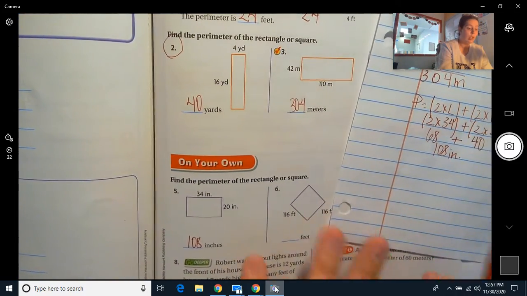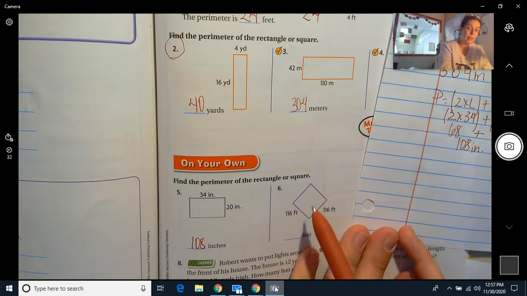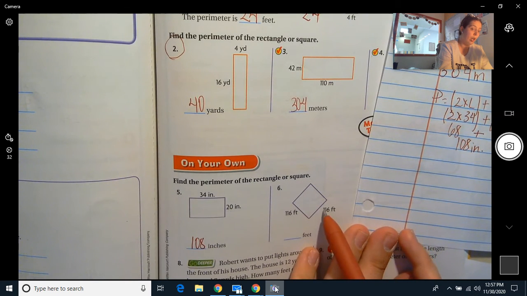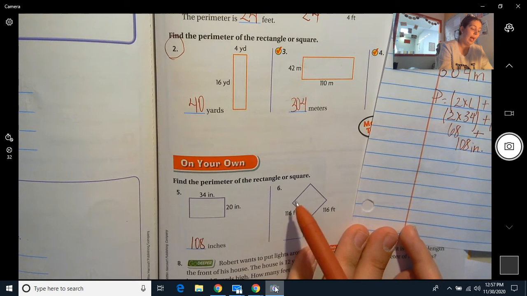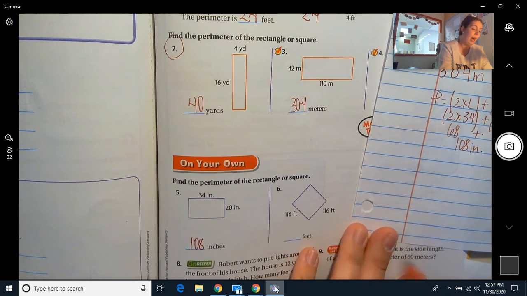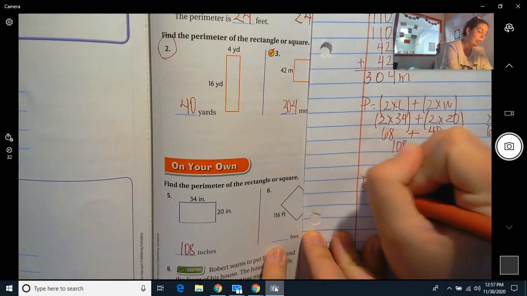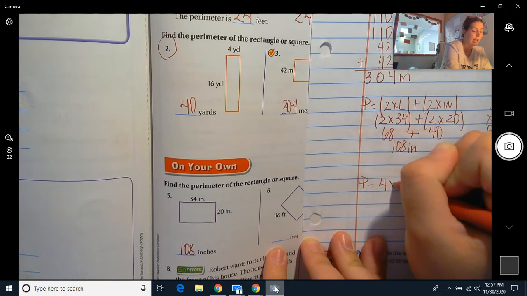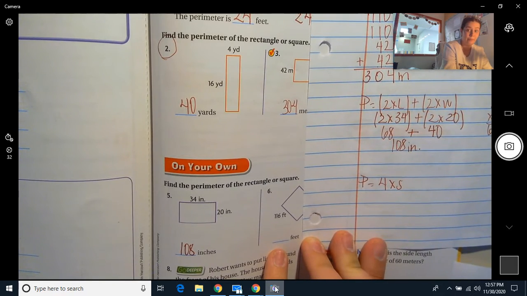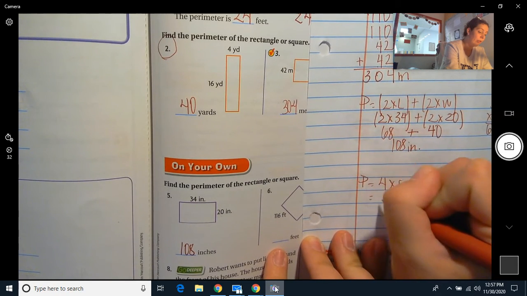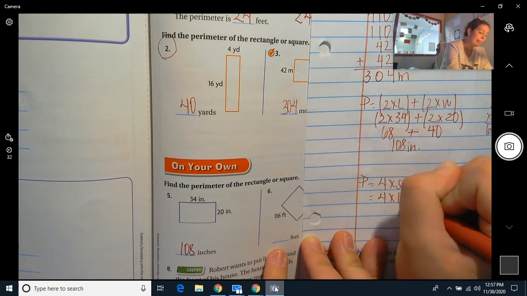Okay, number 6. We have 116 feet. This is a square, so I could add 116 4 times, but I'm actually going to use my square formula, which is P equals 4 times side. That would be 4 times 116.